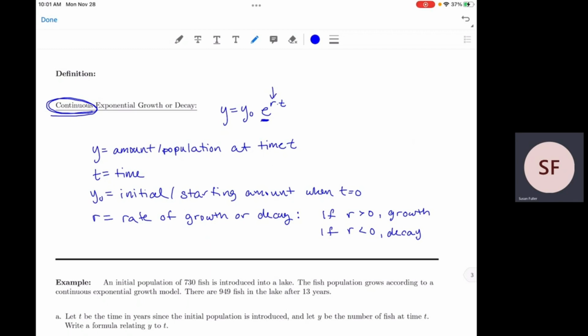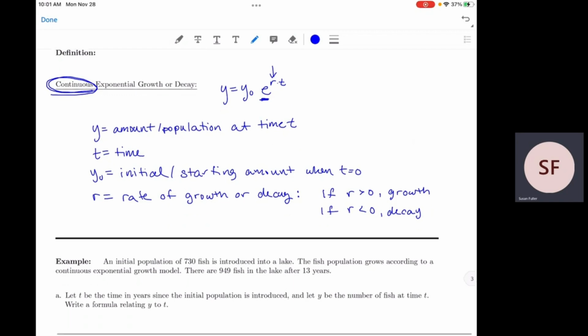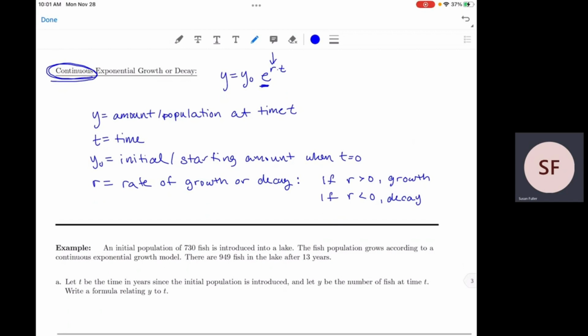In the previous one, it was the base of the exponential that told us. So when we have an e as our base, if our exponent is positive, we're going to be growing. If our exponent is negative, we're going to be decreasing or decaying. And again, that's because negative exponents give us fractions. It's actually going to reduce the amount that we have.